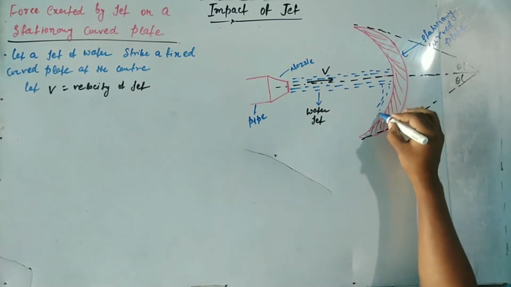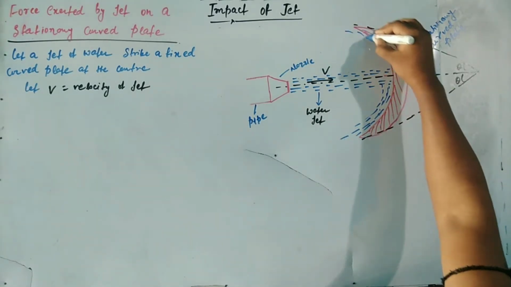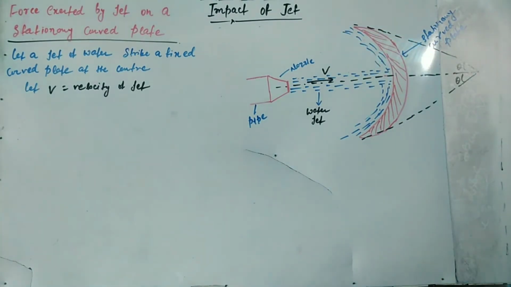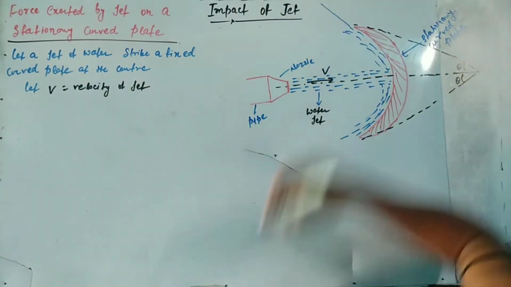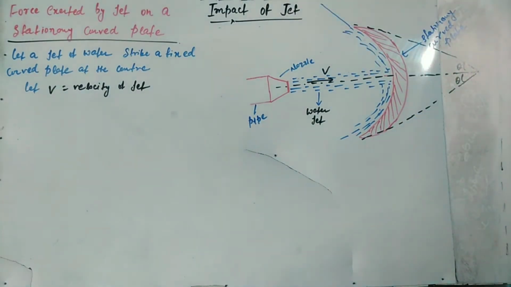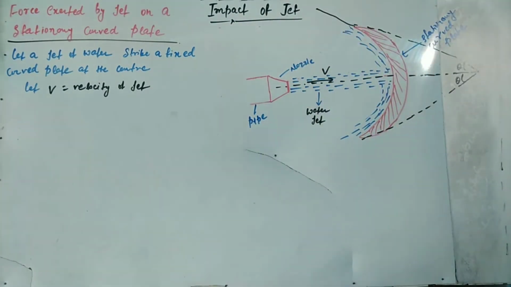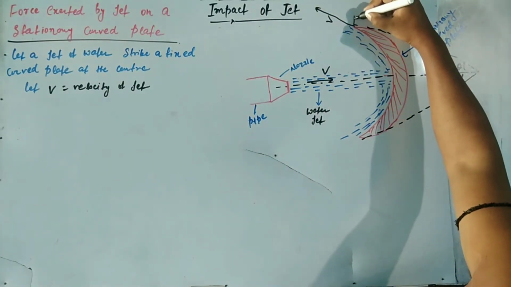Now after striking, the water jet will flow in the opposite direction to the jet, and its velocity will be like this, inclined to the axis. So this one is the opposite direction of the jet.